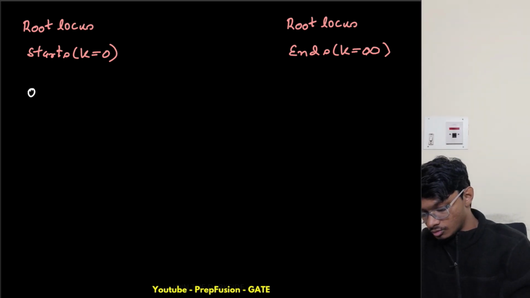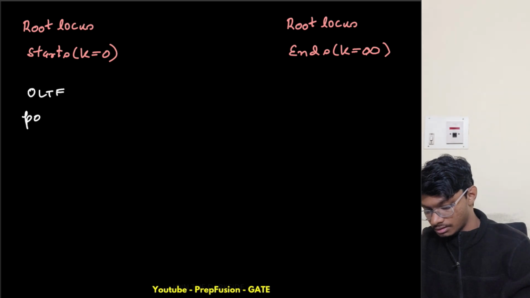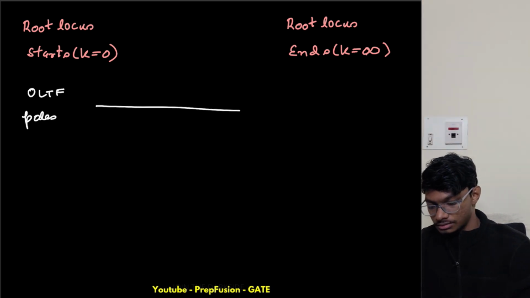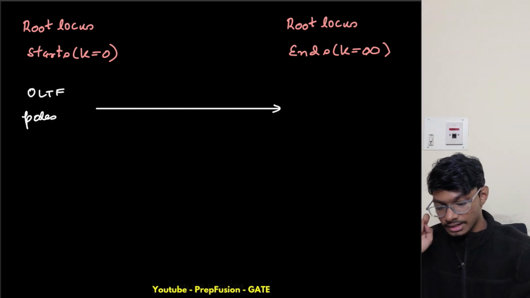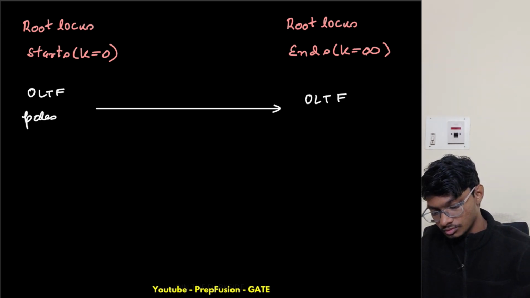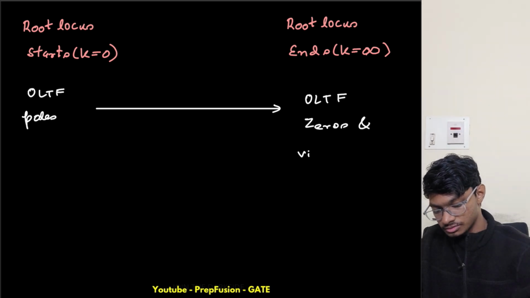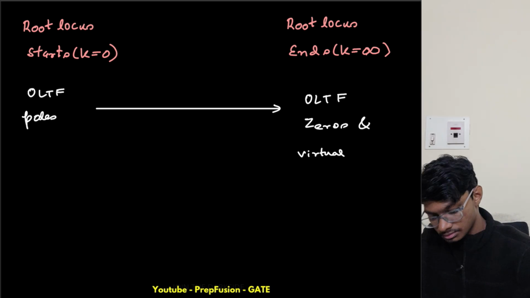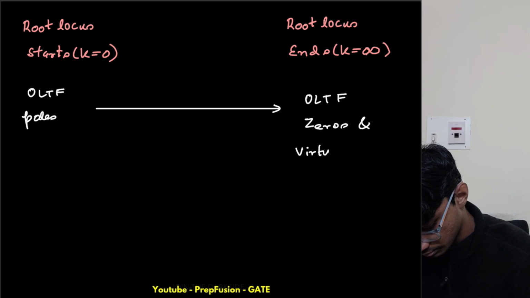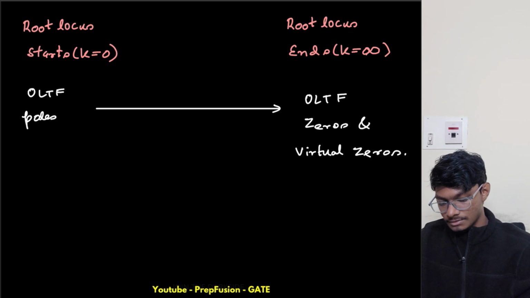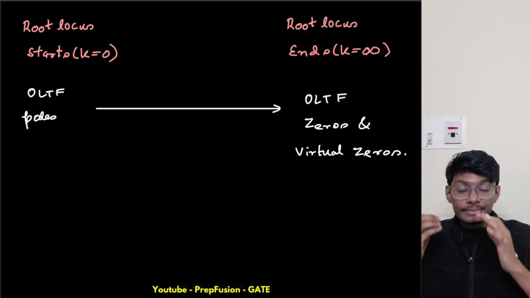So it will start from my OLTF poles, okay, and it will end at my OLTF zeros and my virtual zeros, right? Virtual zeros.